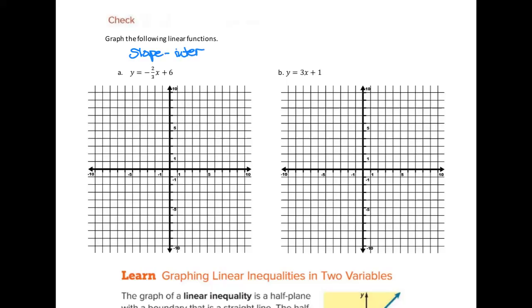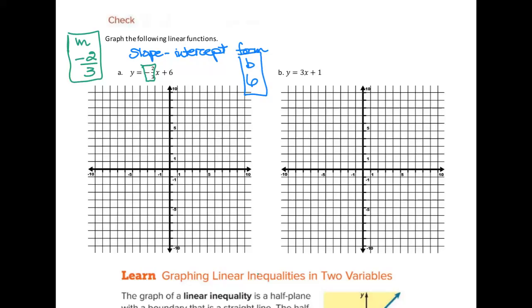Okay? Your slope is, again, what's in front of the x. So your slope is -2/3. That's your slope. And your intercept is going to be 6. And that's the y-intercept.